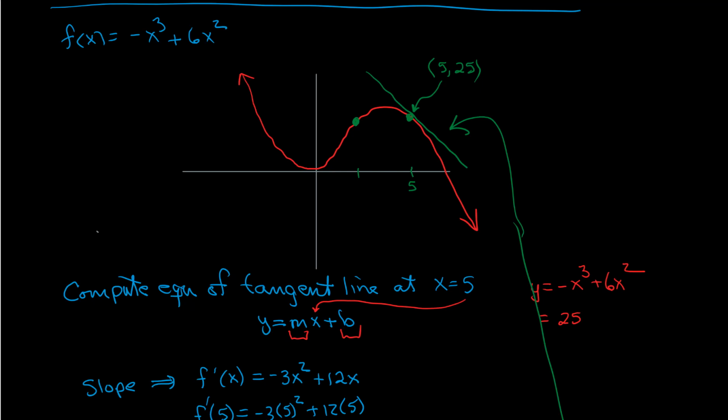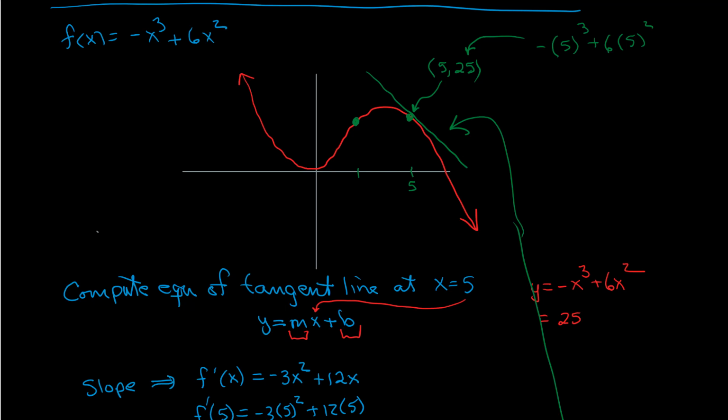Now, the first thing you need to do is figure out what are the coordinates of that location. Well, we have the x value is 5. Where did the y value come from? It's the negative of 5 cubed plus 6 times 5 squared.